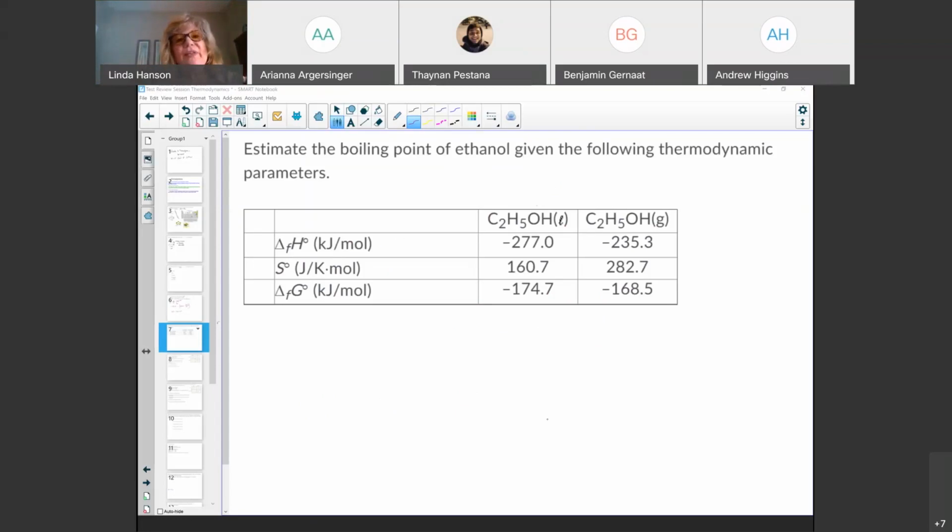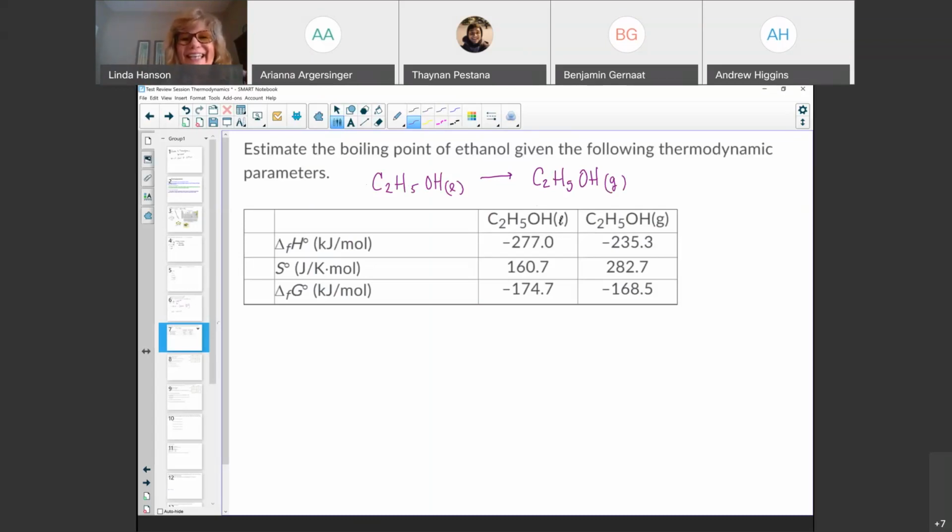So when we think about what the system is that we're studying, the boiling point of ethanol. Well, ethanol, C2H5OH in the liquid form, turning into C2H5OH in the gaseous form represents the boiling point.